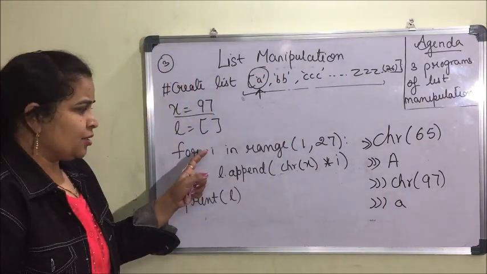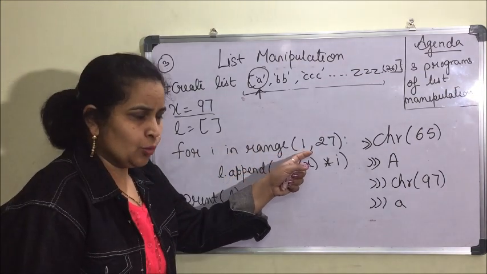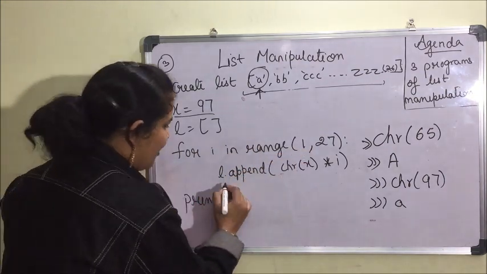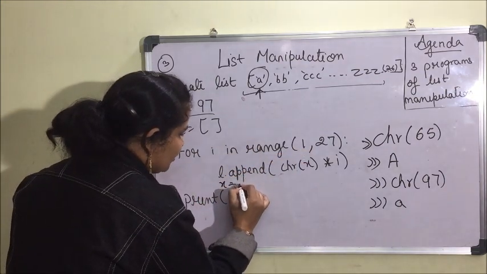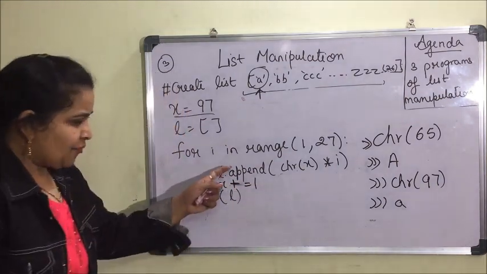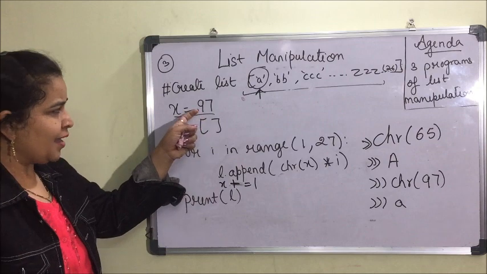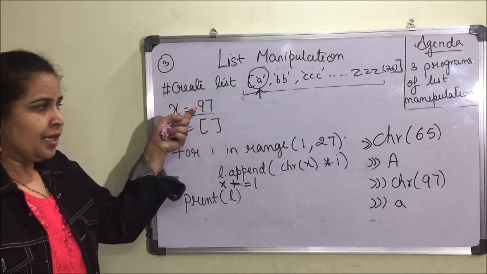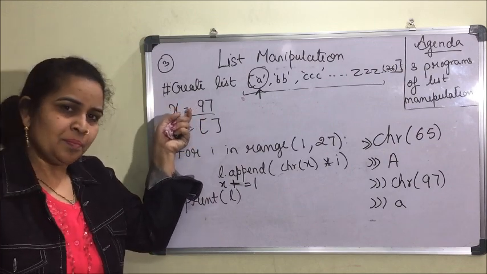In the second iteration, the value of I will be 2, and every time we have to increment the value of x by 1: x plus equal to 1. After the first iteration, the value of x will be 98. 98 is the ASCII value of b.